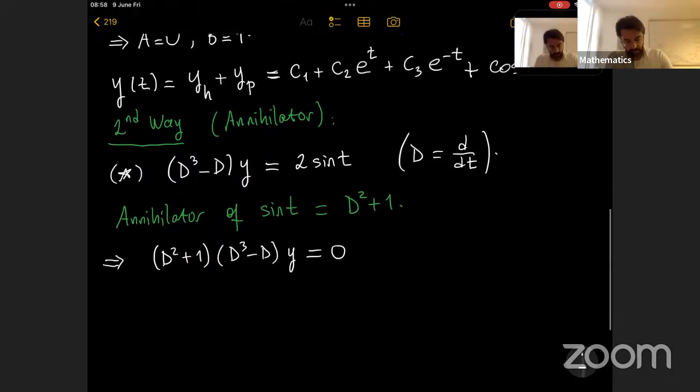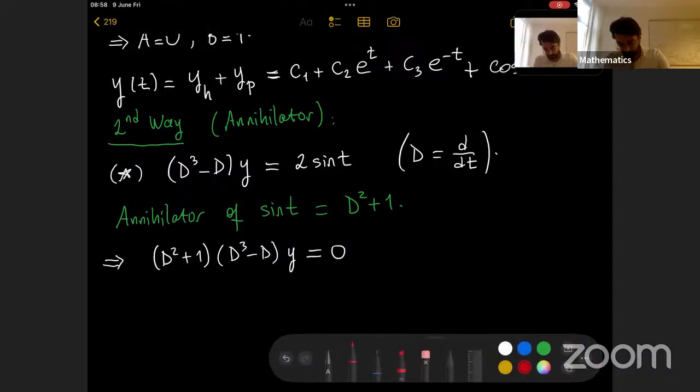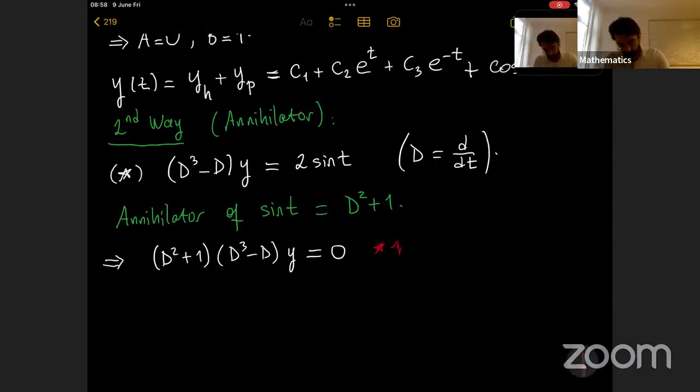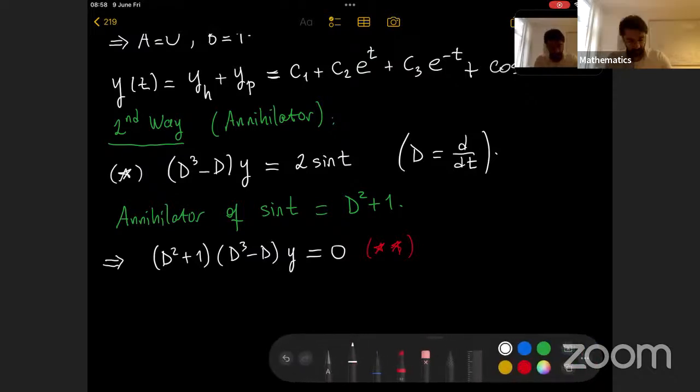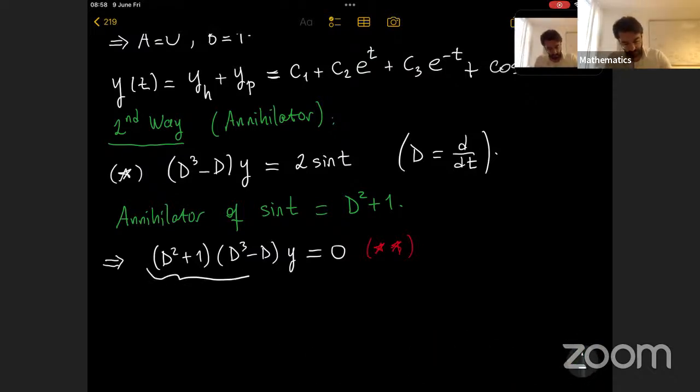Now we solve this equation first. So this is double star, let's say. The characteristic equation is basically given by D here. So what are the roots? Plus minus i, and the other ones are 0 and plus minus 1.